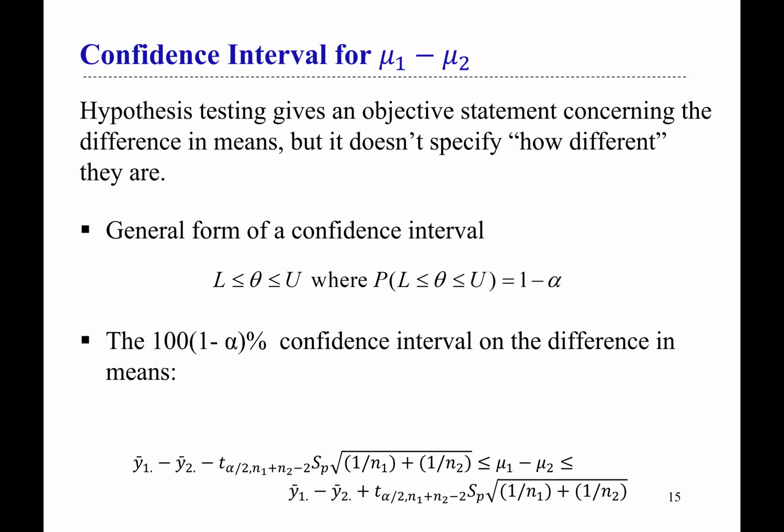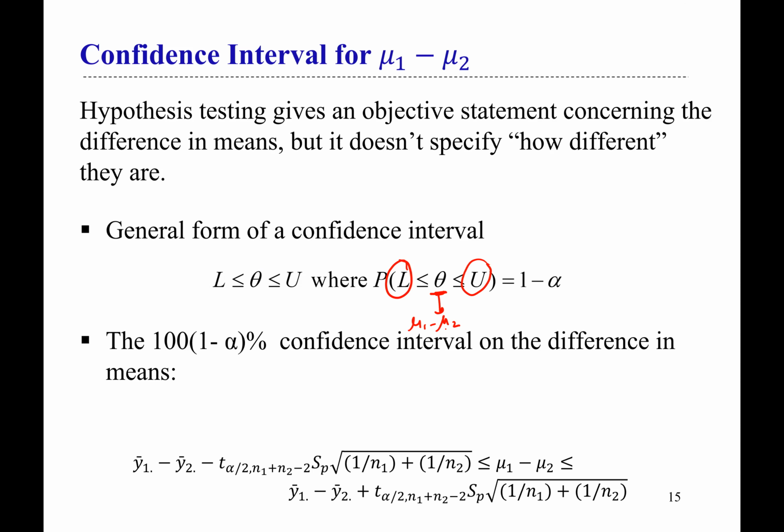Sometimes we are interested in what the difference is. So the difference between the two treatment averages or the two treatment means is between what two values? So we are interested in the lower limit and upper limit of the difference of some parameter, which in this case is mu1 minus mu2, is between what two values?